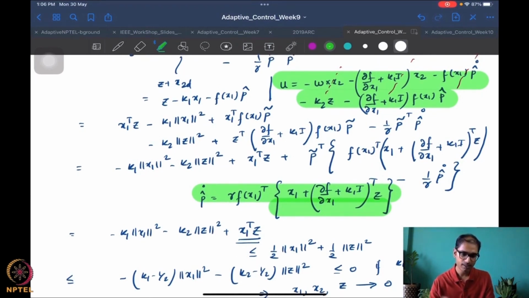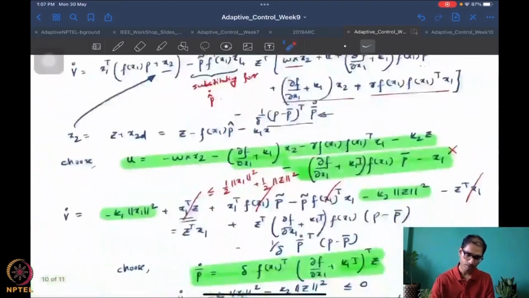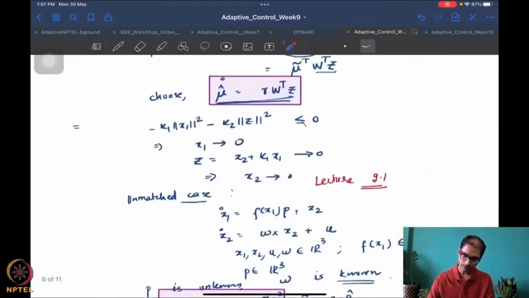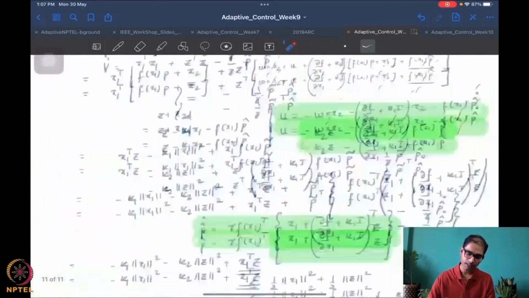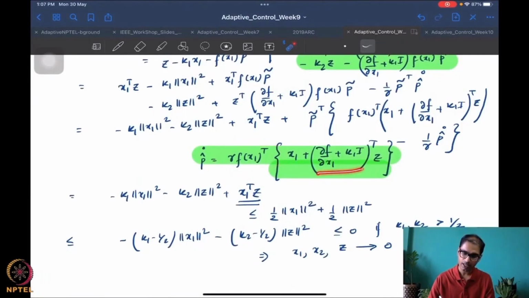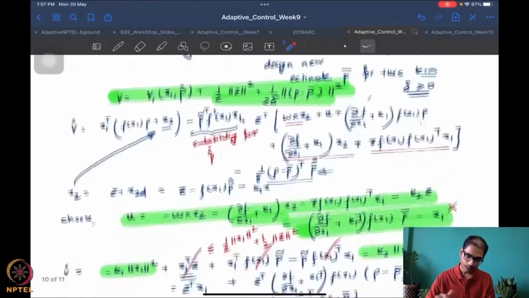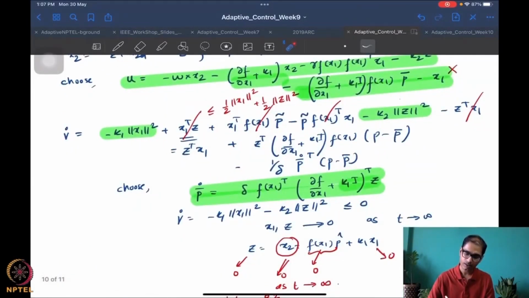The second term is gamma f transpose del f del x1 k1 I transpose z, and that's exactly identical to this one. So because we declared only one Lyapunov candidate, the p hat dot that we get is actually the sum of the p hat dot and the p bar dot in the adaptive integrator backstepping case. Okay, so that's one important thing to note.